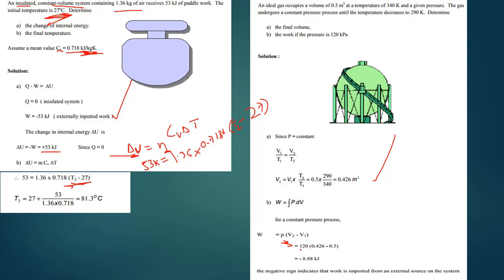Pressure is given as 120 and change in volume, tuna volume ya kwanza 0.5, volume ya pili 0.26. If we put in the number hapo tunapata the work done kama negative 8.88 kilojoules. Negative sign indicates the work is imported from external source into the system. So usisahau kwamba hii 120 tulipewa hapa, usianze kuangalia imetokea wapi, ni hapo tu, hamna uchawi.